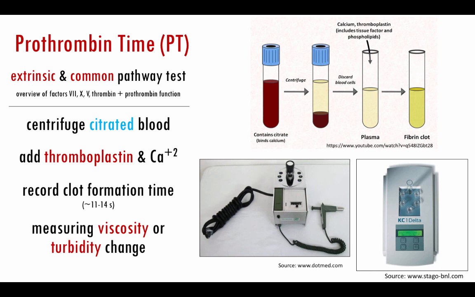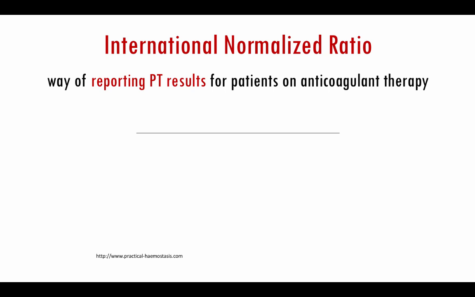So this is one way we measure prothrombin time, and remember that this is for an extrinsic and common pathway examination. Now, reporting out a PT time is not quite as straightforward as it might seem. There are different reagents that basically cause different results when you use them, and that throws PT times off a little bit.